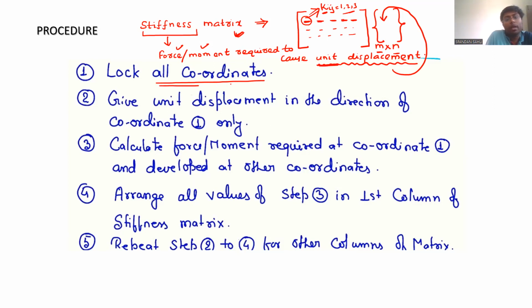Can anyone tell why we are logging all those coordinates? What we will get by logging all those coordinates? Independent joint displacement. Independent joint displacement. Okay.